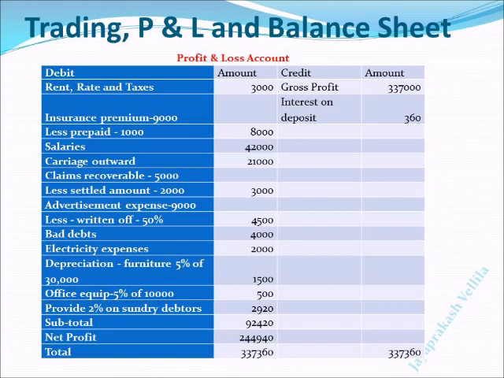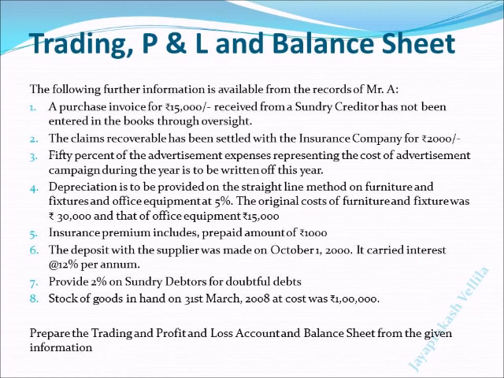Once again, we check whether any entries are missed from the adjustments. We included claims recoverable, advertisement, depreciation, insurance premium prepaid, then sundry debtors provision. There is one more adjustment, that is, the deposit with the supplier was made on October 1st, 2000. It carried interest at 12% per annum.